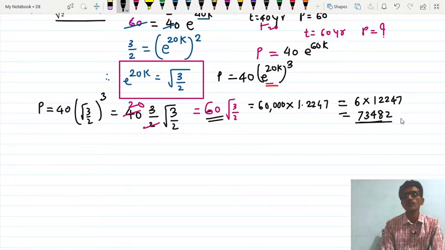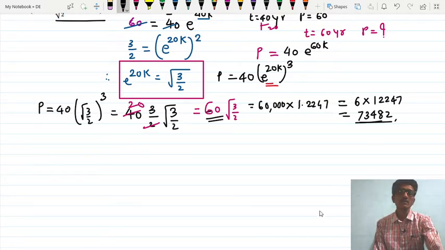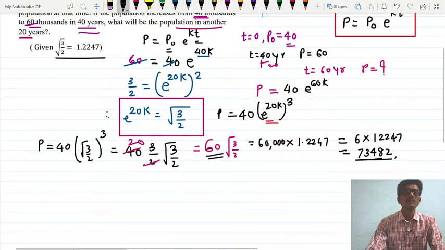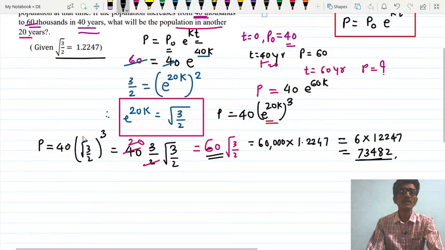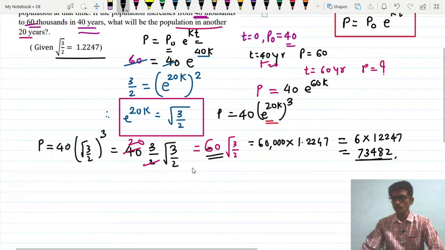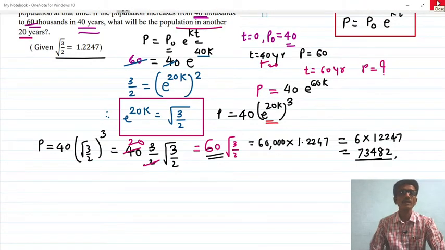So 73482 will be the population after next 20 years. So here this question is over. We are asked to find the population in another 20 years, so the population in another 20 years will be 73482.